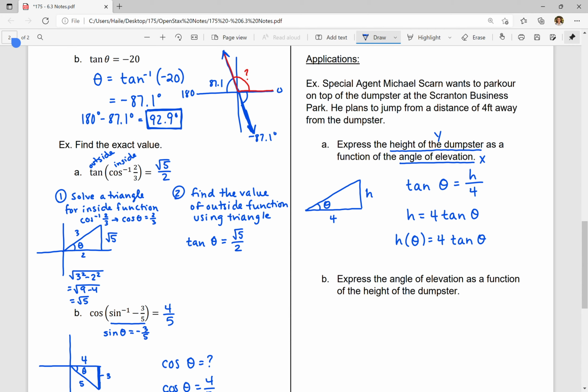I just want to point out that the reason we do this is we're describing what the variable in the function is. As a little note, when we write h of theta, this does not mean multiplication. It just tells you what variable you plug in.